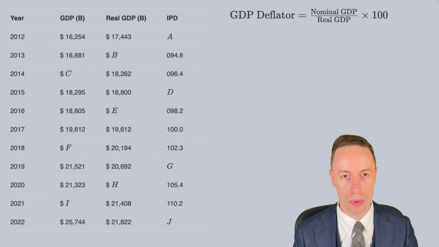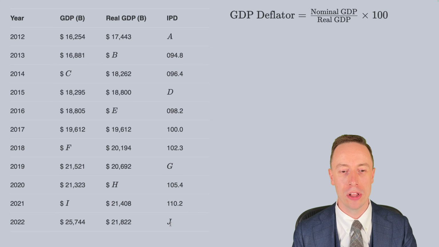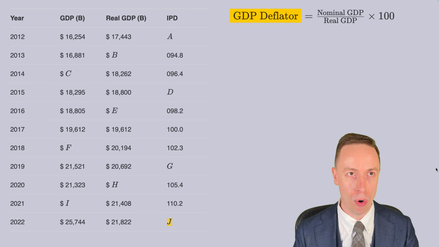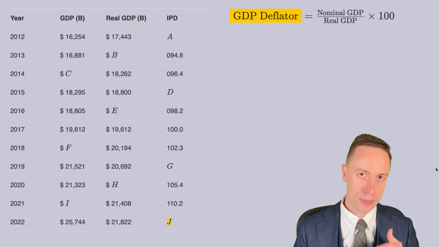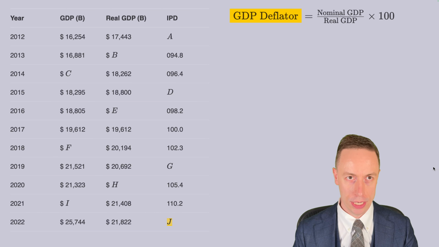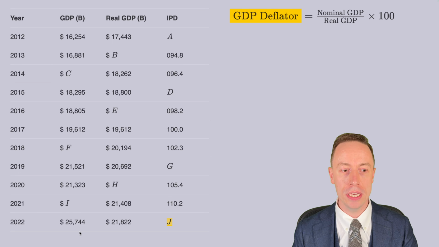Let's start all the way at the bottom of the table by looking at letter J and getting to know the GDP deflator itself a little bit more. When we look at 2022 GDP and we measure it using the prices of the year 2022, we get a number of $25.7 trillion.